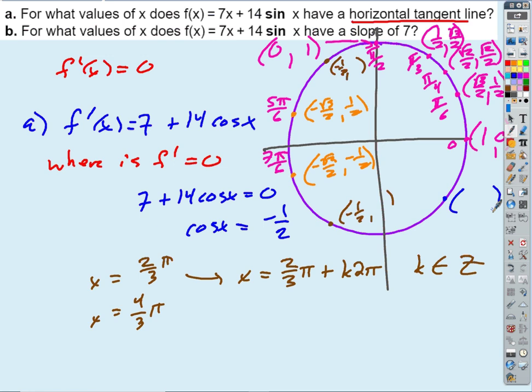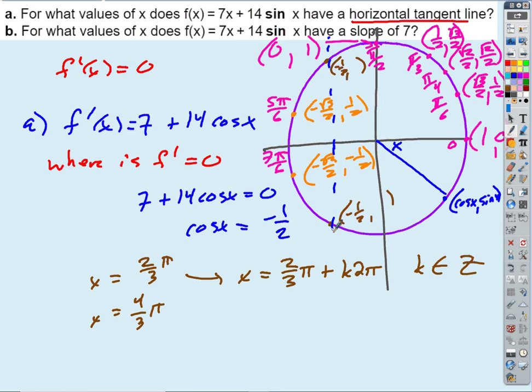So we'll say that this angle right here is x, has coordinates cosine x, sine x, right? So when we say cosine x equals -1/2, we're just looking for all the places where the x coordinate is -1/2, and there's 2 points on the unit circle where that happens.